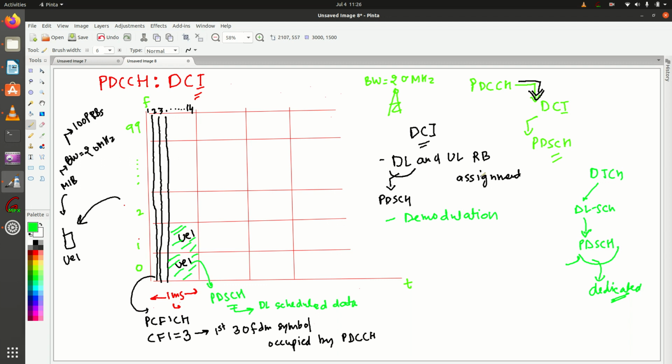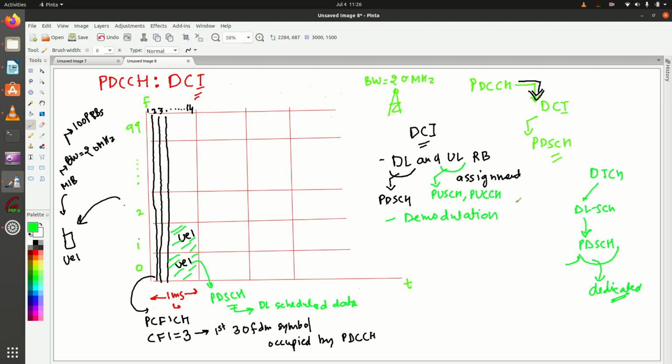Now let's come to uplink resource block assignment. It means assignment of PUSCH or PUCCH. If the UE wants to send some message or information to the eNodeB or network, then the network will assign an uplink resource block, so that you can use that resource block to send a message in the uplink direction.